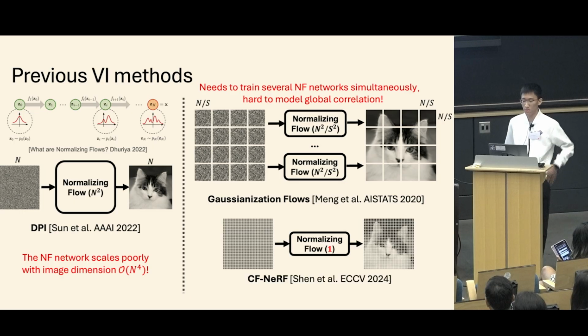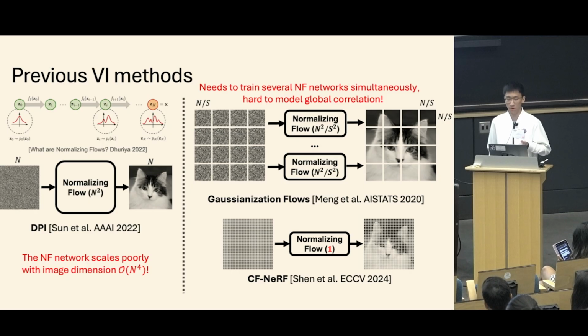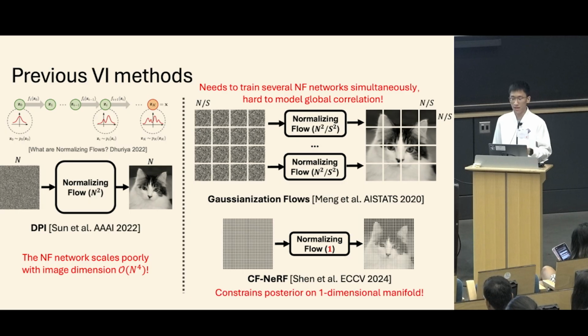And on one extreme, CFNeRF, which designs a probabilistic version of neural fields, uses one-dimensional normalizing flow networks. It works by flowing the individual pixels one by one through the normalizing flow network. With this very strong assumption, you're able to do this cheaply, but at the cost of constraining your posterior to a one-dimensional manifold, which we'll later show hurts your posterior expressiveness.